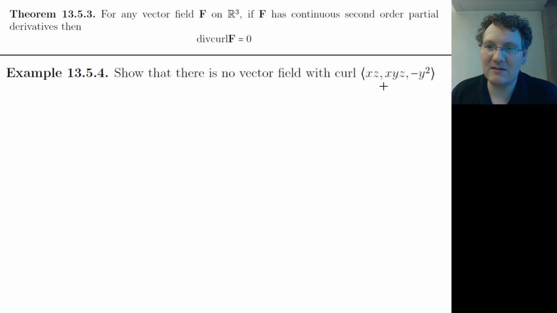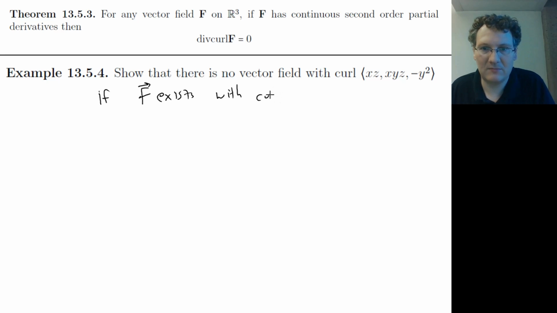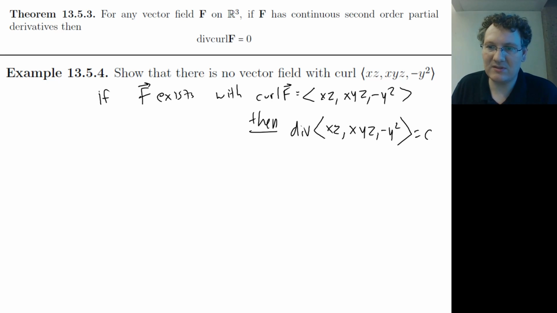If there is some vector field f that exists with the curl of f equal to xz, xyz, negative y squared, then the divergence of xz, xyz, negative y squared equals 0.